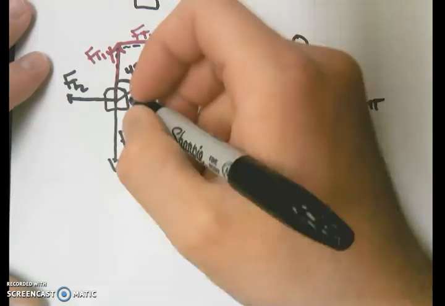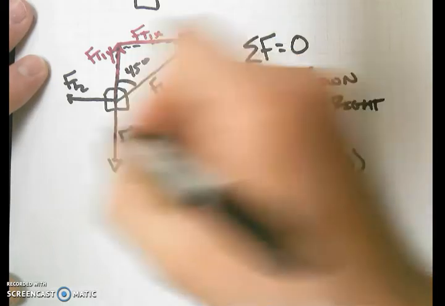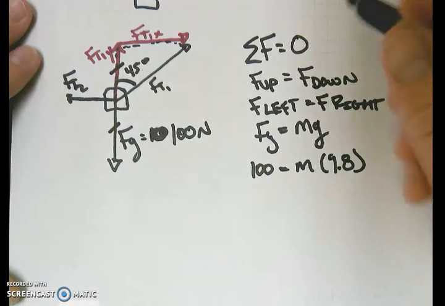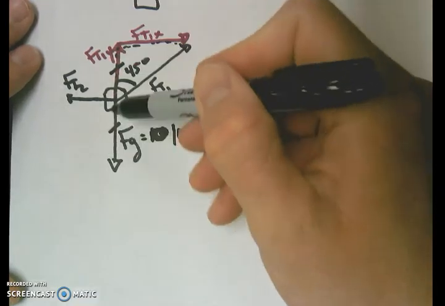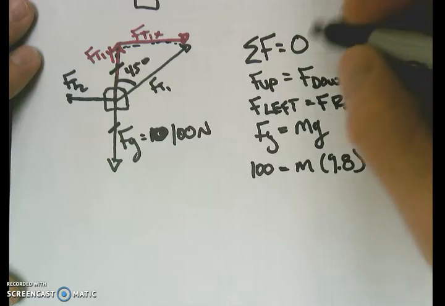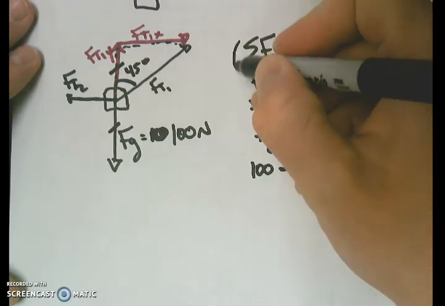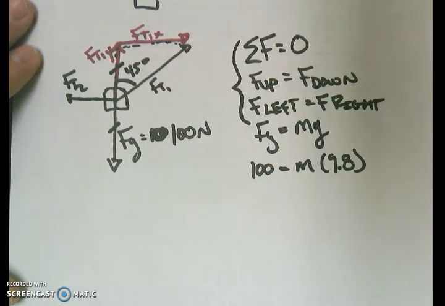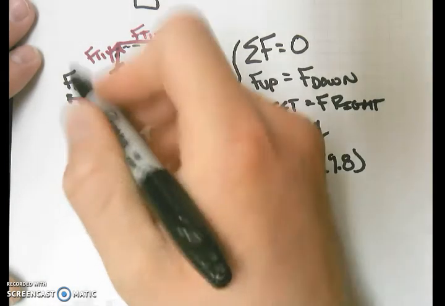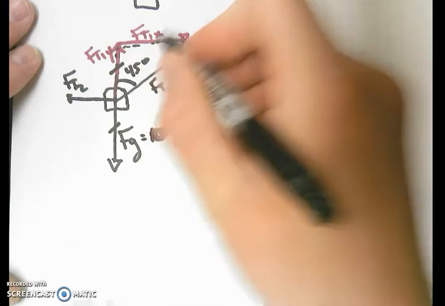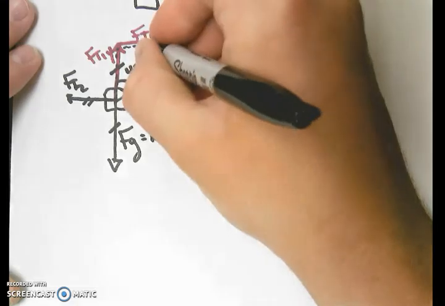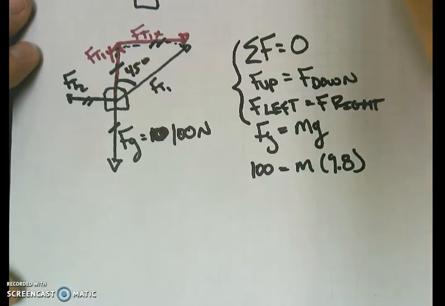And then it becomes real simple to see my force of gravity and my force of tension 1 are exactly equal and opposite because this is up and this is down. Those are the only up and down forces, which means they have to be equal. Likewise, because of that, my left forces will equal my right. So my Ft2 will equal my Ft1 in the x direction. So I know that this should be equal to that.